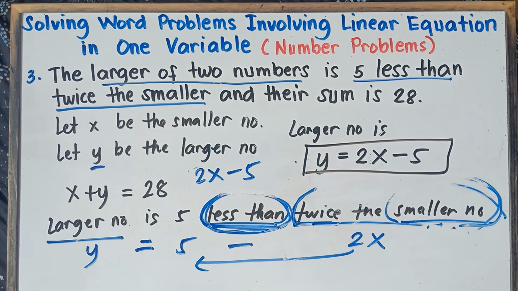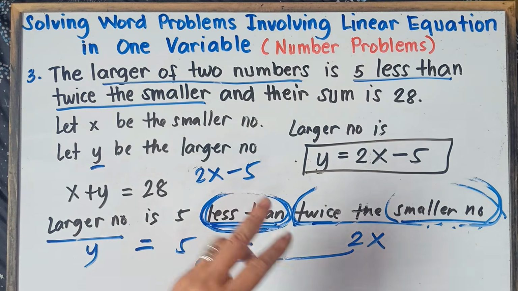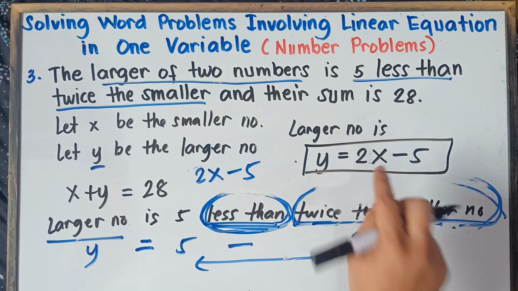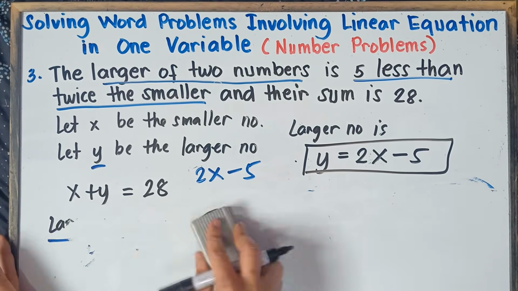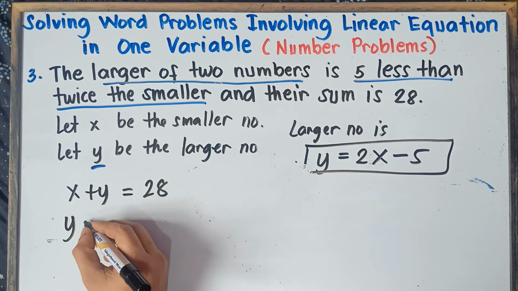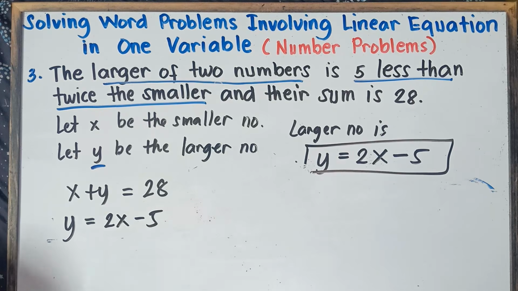So this will be the value of the larger number: y equals 2x minus 5. I hope it's clear for you, class. Once again, y, the larger number, is equal to twice the smaller number minus 5, so 2x minus 5.